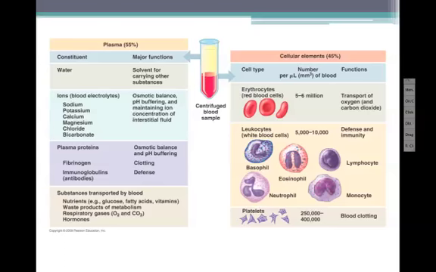On the right side are the cellular elements. And red blood cells make up the bulk, and that's why it's red. 5 to 6 million red blood cells. And then the leukocytes, which are white blood cells. And here they're showing 5 different types, and they're very important in defense and immunity.